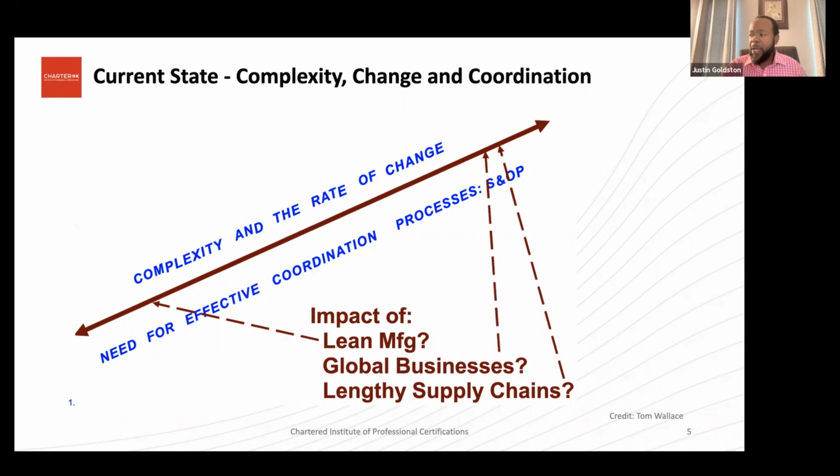And as supply chains become larger, as we begin to work with international organizations, with business partners, as we continue to expand our operations overseas, forecasting and supply chain management becomes more complex. And what S&OP provides you is that coordination.